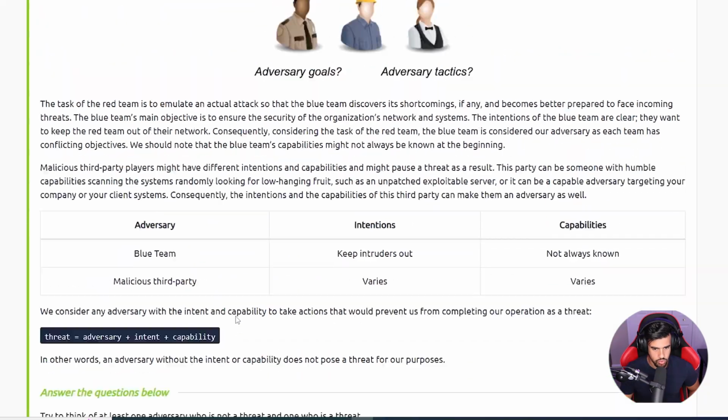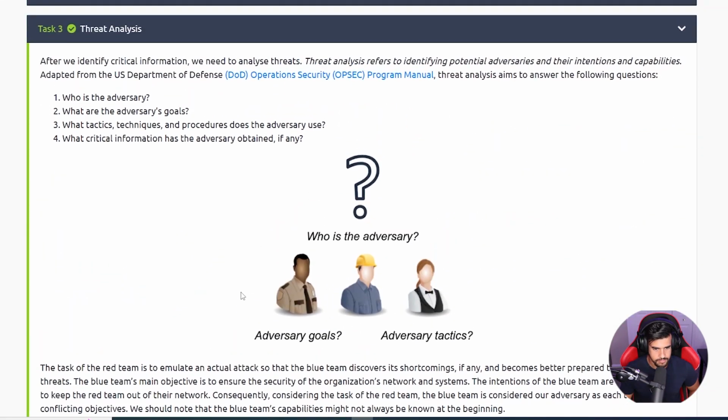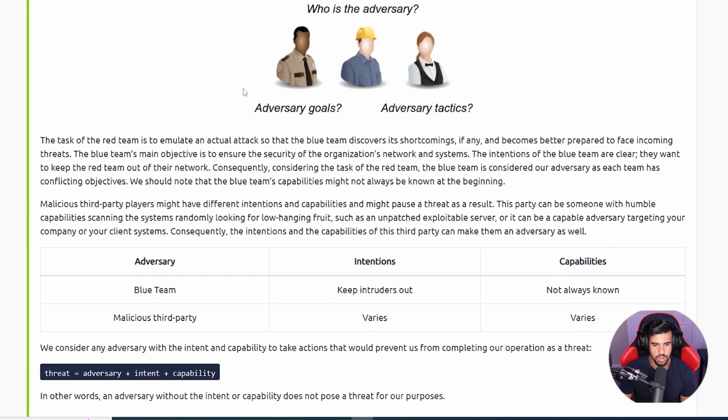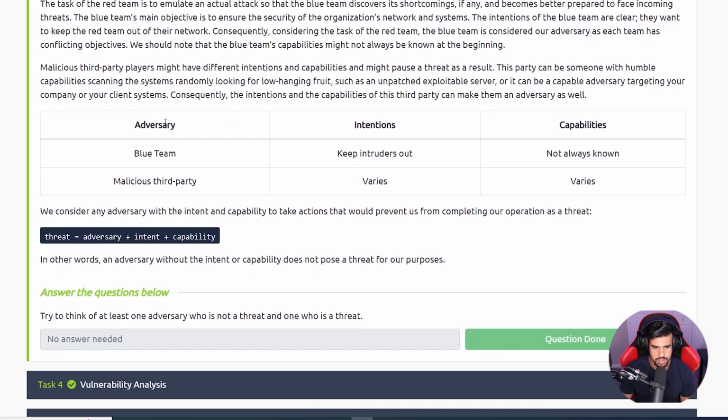Now, on the threat analysis side, they link an article from the DoD on how they identify the threat analysis. So we're talking about answering questions like, who is the adversary? What are their goals? What are their tactics? Like I said, our adversary as a red teamer is the blue team, and their intention is to keep us out.